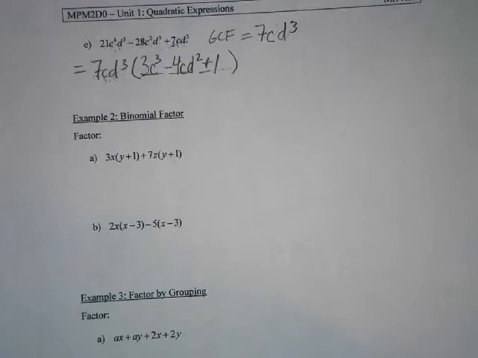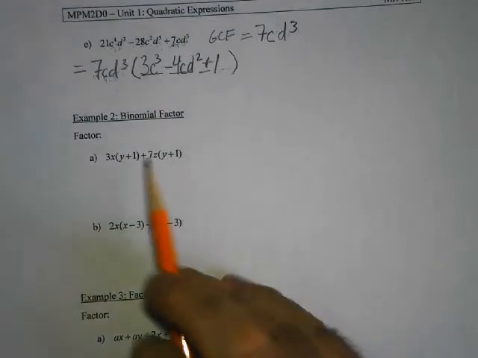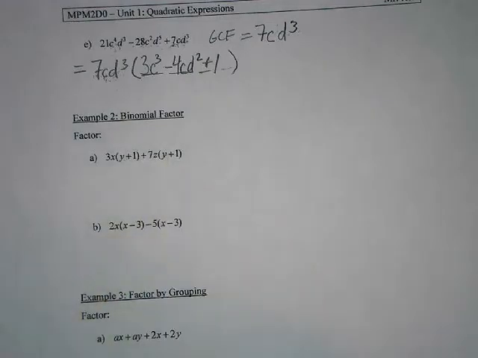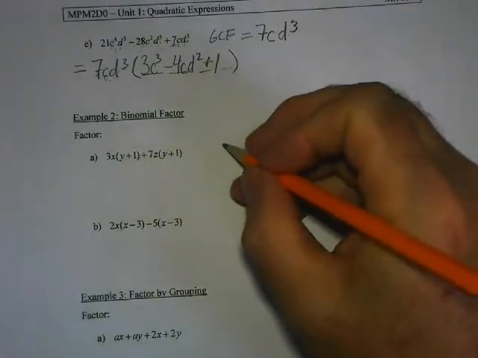So I'm going to show you a method here. It's called the substitution method, and you end up using it a lot, especially in grade 12. But it helps to simplify the question. So I'm going to actually let this y plus 1 be represented by another variable. And you might think, well, that's just going to make it more confusing.